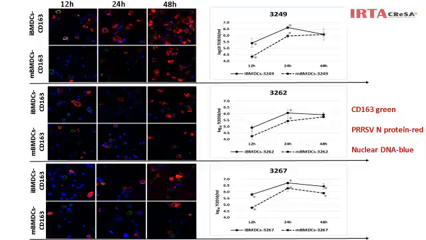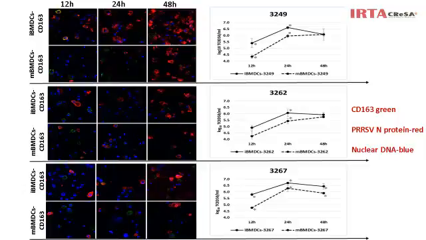The green color stands for the receptor CD163, the red is for the virus, and the blue is for the nuclear DNA. We can see from these pictures that cells with CD163 labeling and cells without CD163 labeling could both be infected by the virus, and the same holds for the 3 different isolates.